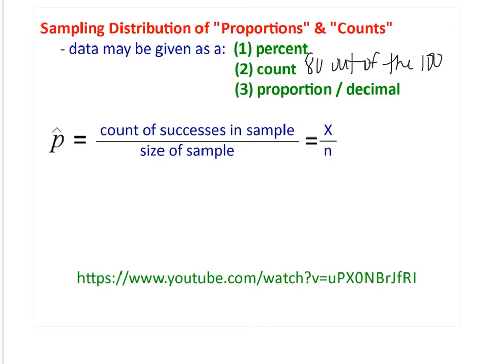So that would be a count, or it could give me a proportion or a decimal like 0.8. So we could see percents, counts, or proportions. How I find P hat is the number of successes out of the sample size. We've talked about successes before being X, so it would just be that number of successes out of the sample size, which would be given in the problem.